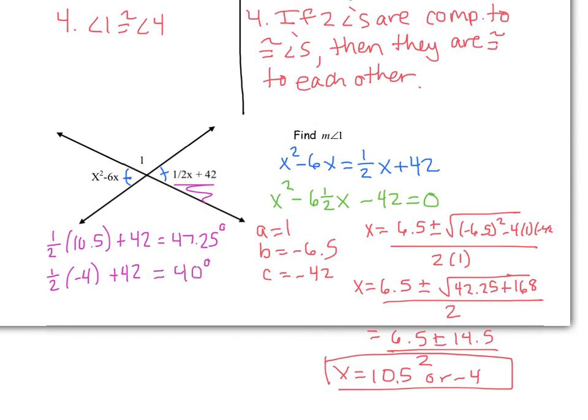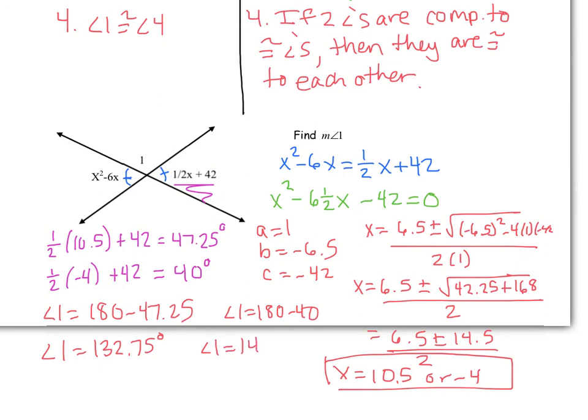Now I'm still not done because that's just finding this angle right here. I need to find angle 1, but I can see from my picture that these two angles are supplementary. So to find angle 1, I'm going to take what I got for that angle and subtract it from 180. So I either get angle 1 is 132.75 or 180 minus 40, which is 140 degrees.